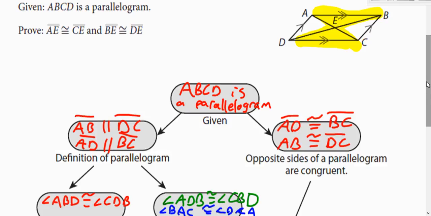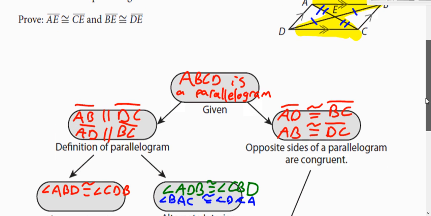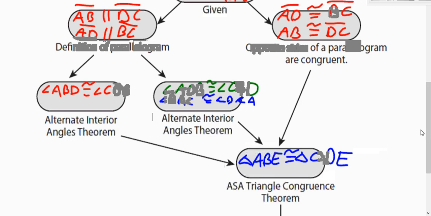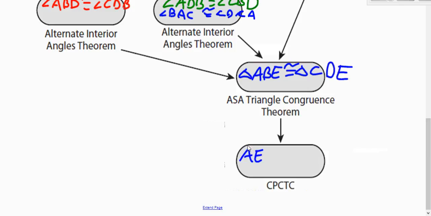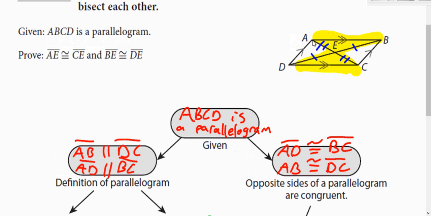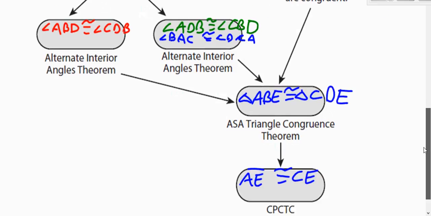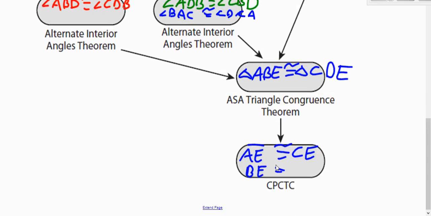We just did angle, side, angle, which means these sides are corresponding. So therefore they are congruent. And these sides are corresponding, and they are congruent. So we've got AE congruent to CE, and BE congruent to DE. Which is exactly what we were supposed to be proving.